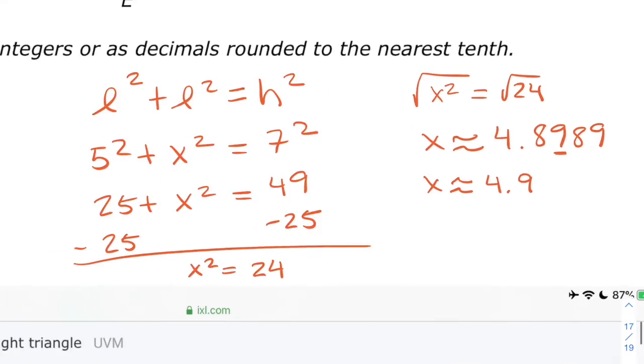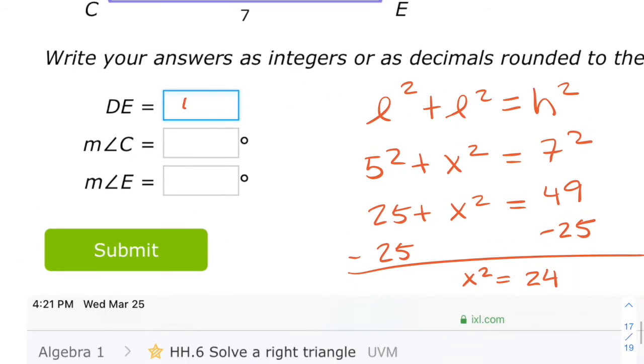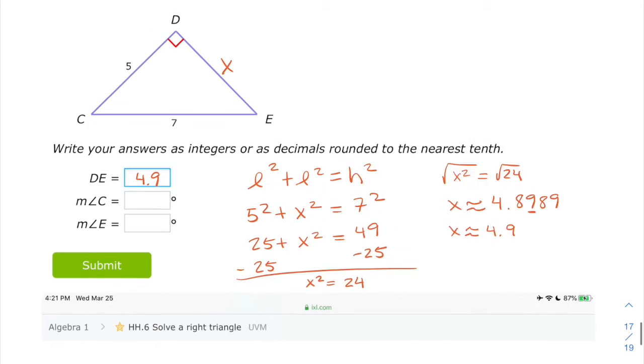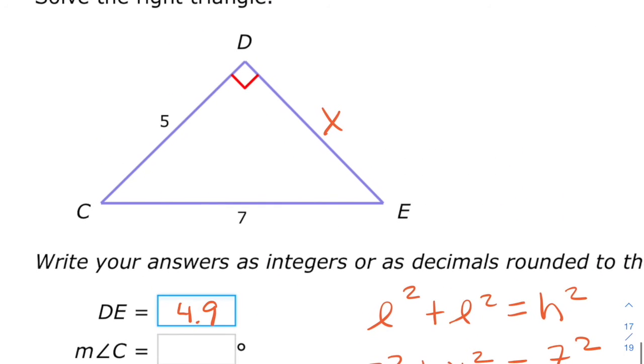Now nearest tenth, so 4.9, so that's going there. I do not want to use the rounded value when I calculate my angle measure. So I want to do anything I possibly can without using that rounded value. So I want to use the numbers 5 and 7.